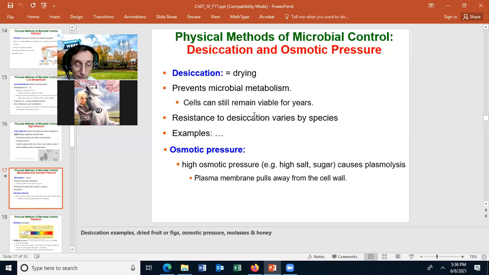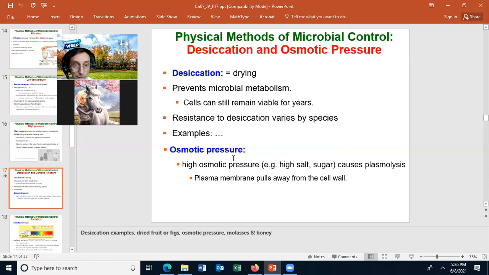So if you have dried fruit that's been around for, let's say, a month, you're not likely to have E. coli alive on it. However, endospores would remain viable for years, decades, millennia, meaning endospores are not killed by desiccation or high osmotic pressure.